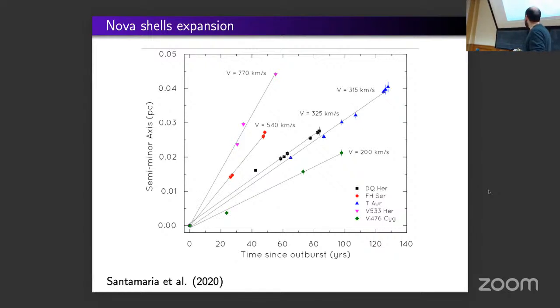This is the most recent paper on the topic of change of expansion velocity. And here different colors are different nova ejecta. And you can see up to 120 years, it seems that the expansion velocity is constant.